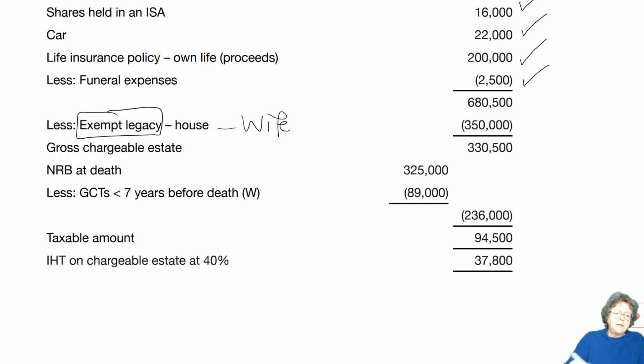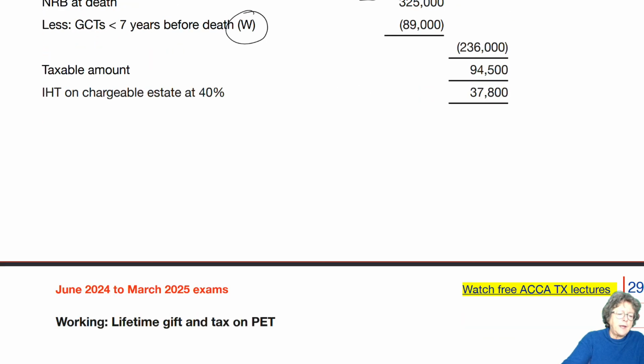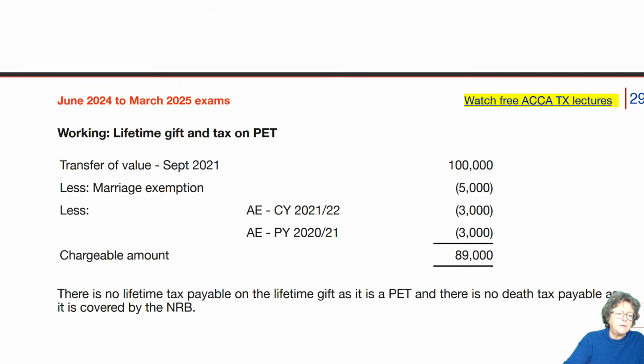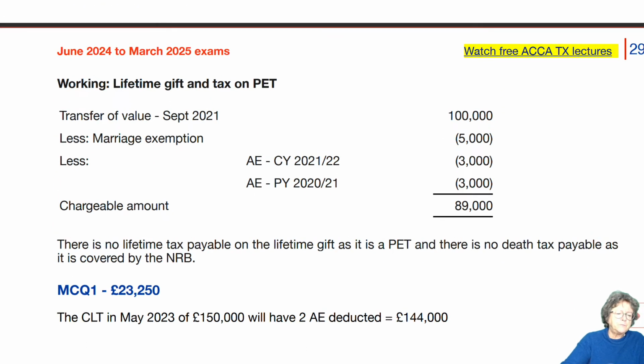£330,500. Now, there's the nil rate band, and we're going to have a little working to work out how many gifts have taken place. So the transfer of value, which was the PET to the daughter, took place in September 21, £100,000.